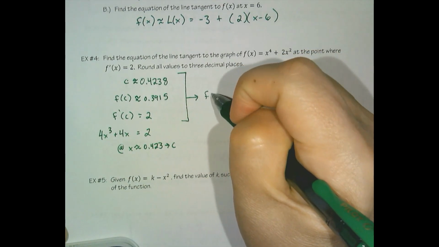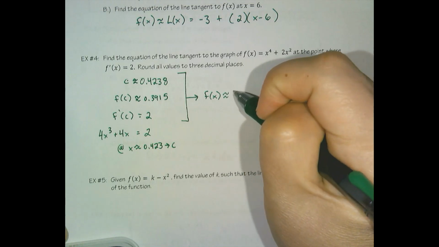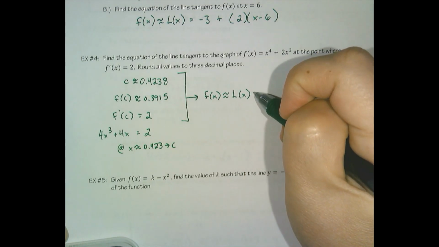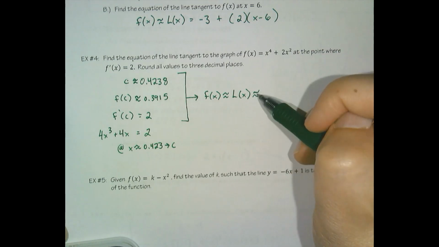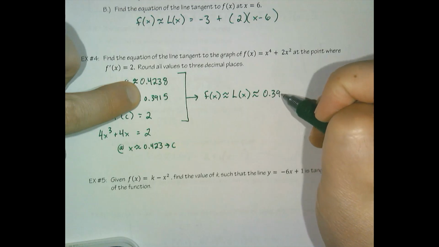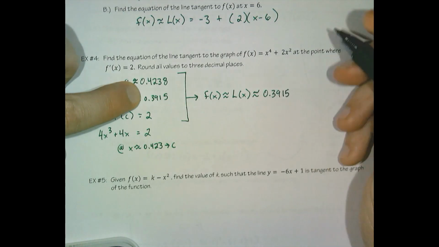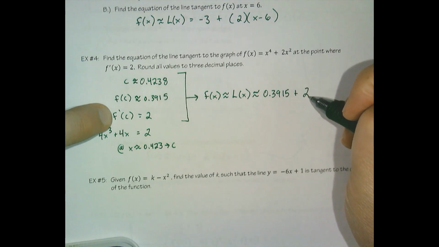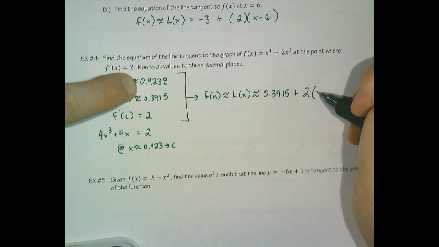f of x can be approximated by the tangent line, which, since I'm using rounded decimals, I'm going to use approximately equal to, but f of c being 0.3915 plus f prime of c times x minus c.